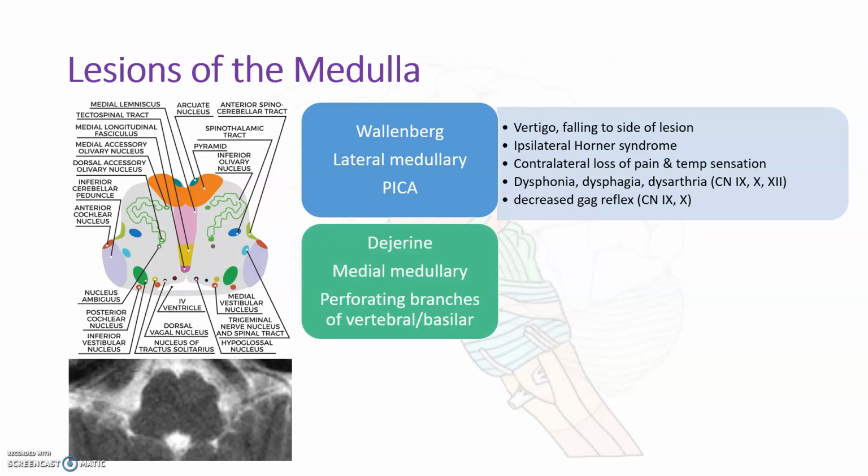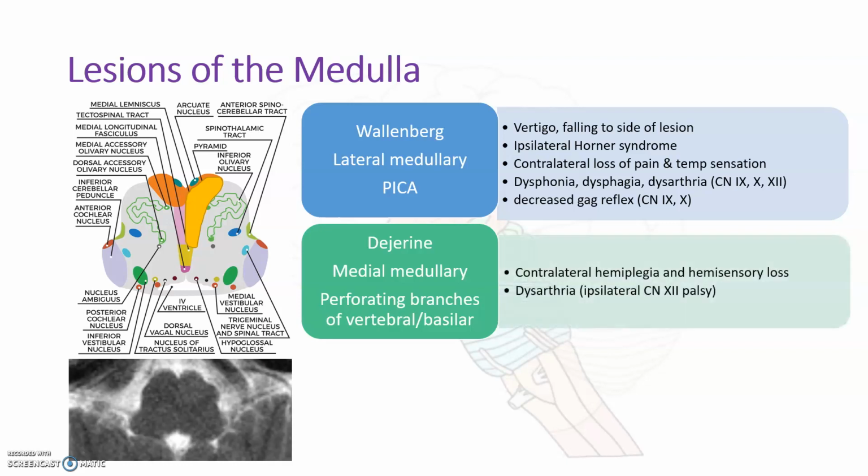The medial medullary syndrome, due to obstruction of the perforating branches of the vertebral or basilar artery and affecting the area outlined in yellow, will produce contralateral hemiplegia and hemisensory loss because of involvement of the long tracts, and dysarthria because of involvement of the 12th nerve nucleus.